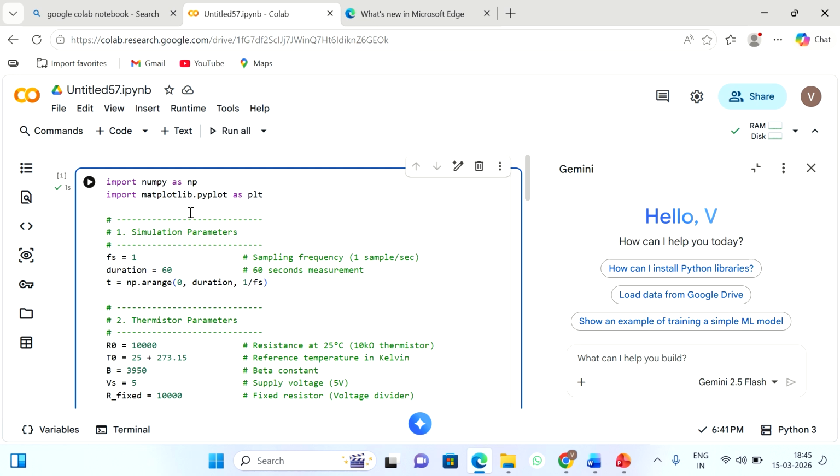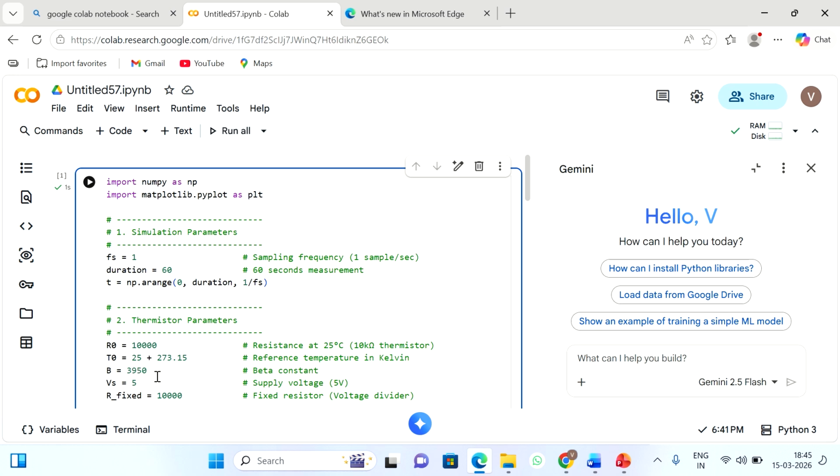And then here the thermistor parameters, I mean specifications, are given. R0 equal to 10,000, the resistance at 25 degrees Celsius, it is a 10 kilo ohm thermistor.